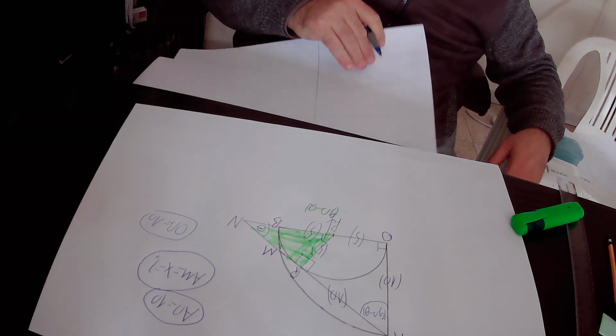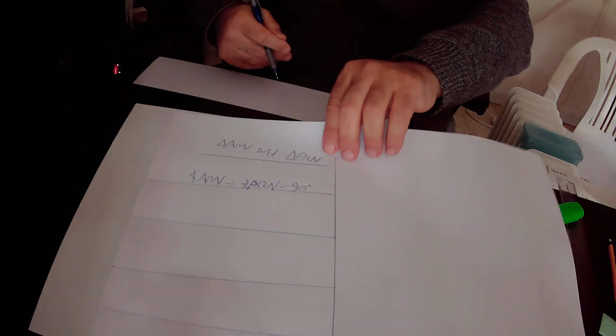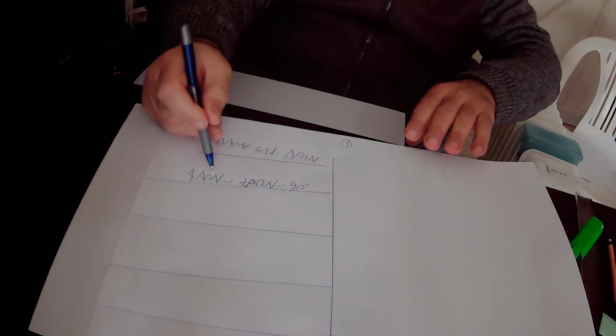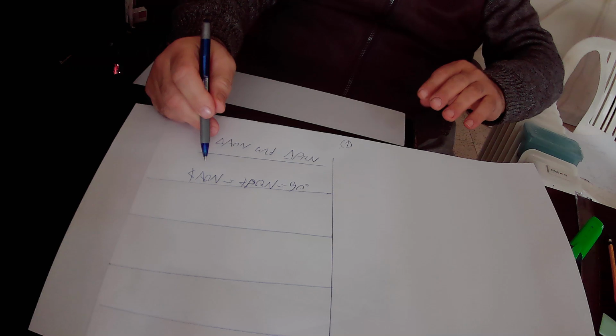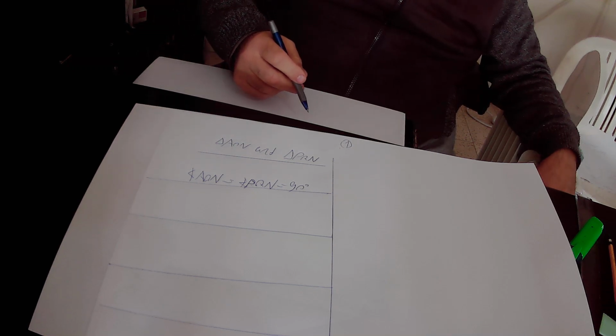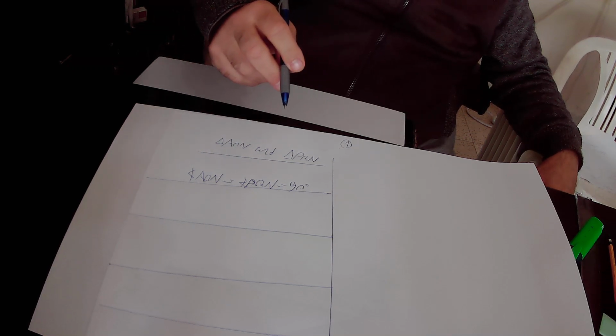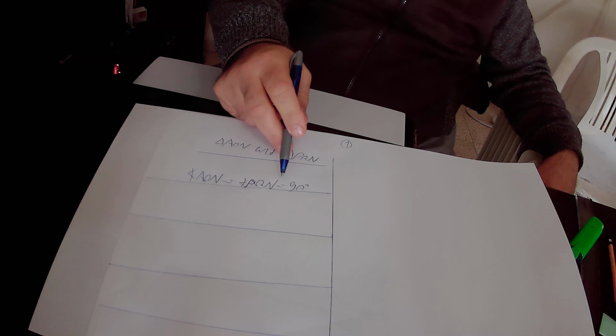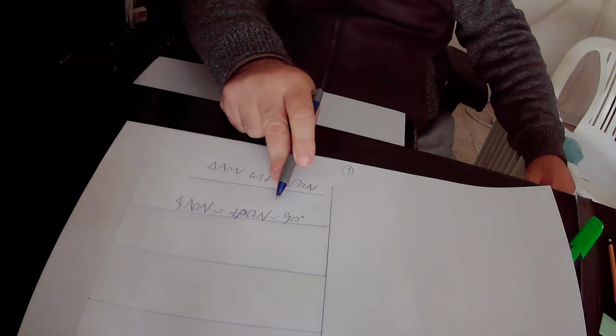Angle AON in the big right triangle equals angle PQN in the green right triangle. They are both equal to 90 degrees, therefore they are equal to each other.